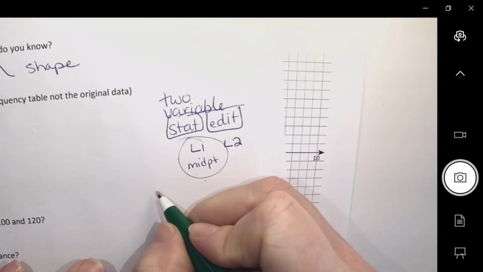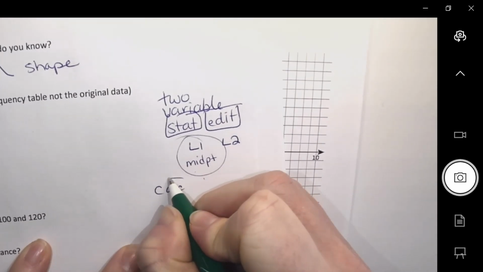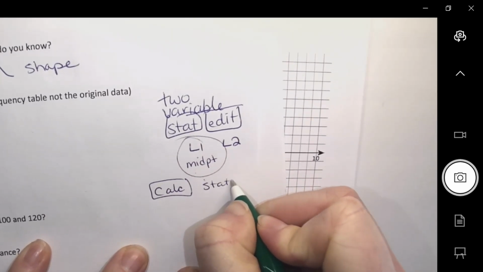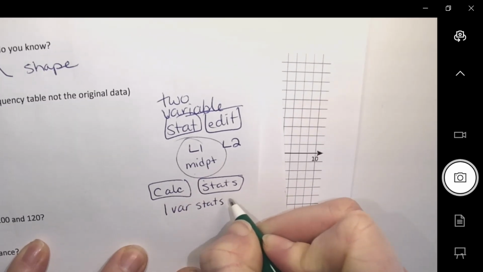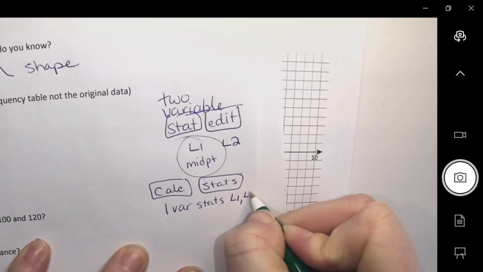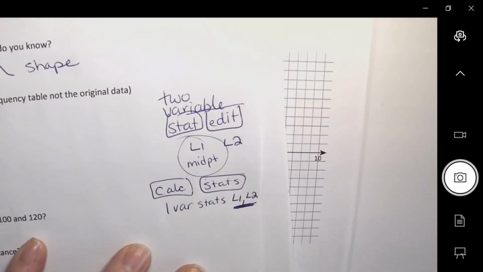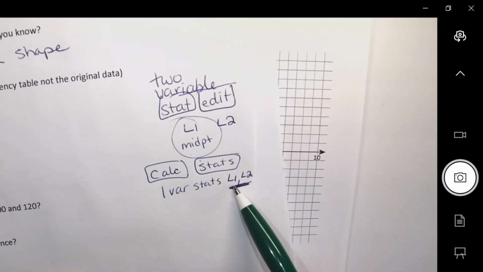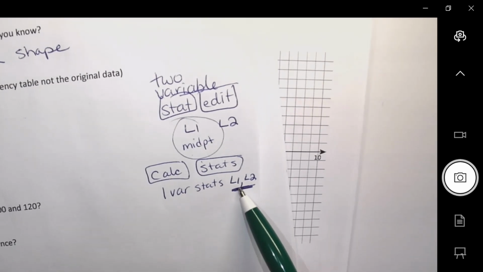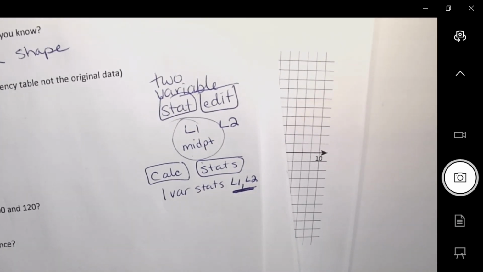Okay? So these are the things that I'm writing on my cheat sheet, that I'm making sure I'm doing L1 comma L2 on my variable stats, okay?